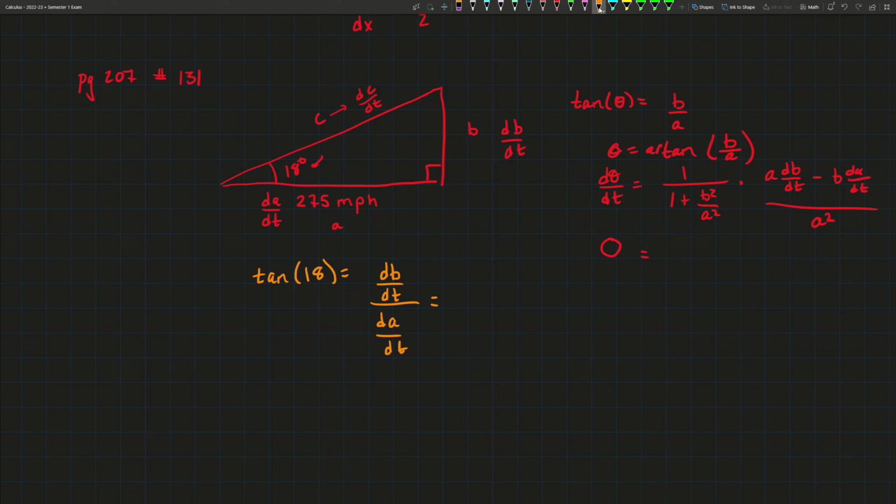So if we plug that into a calculator, what did I do wrong here?